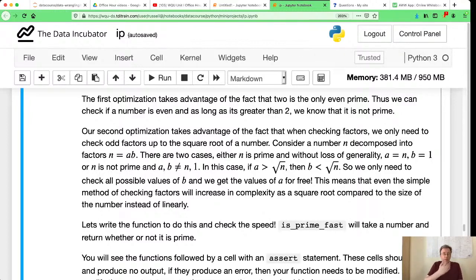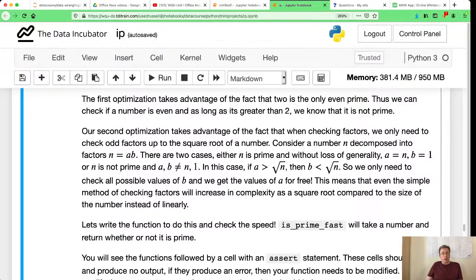If n is not a prime number, then I could write it as a product of two numbers, neither of which is 1 or n. And we note that one of these numbers, a and b, has to be less than or equal to the square root of n.